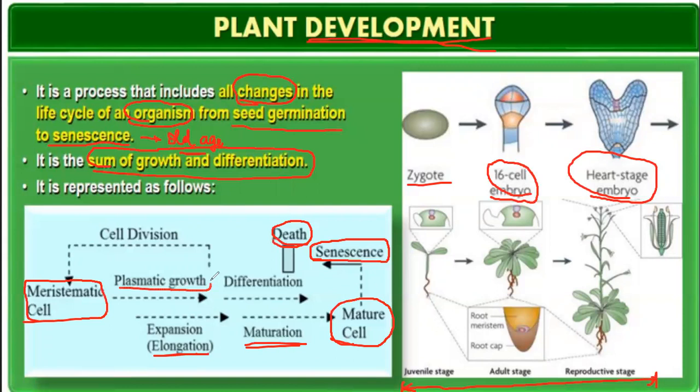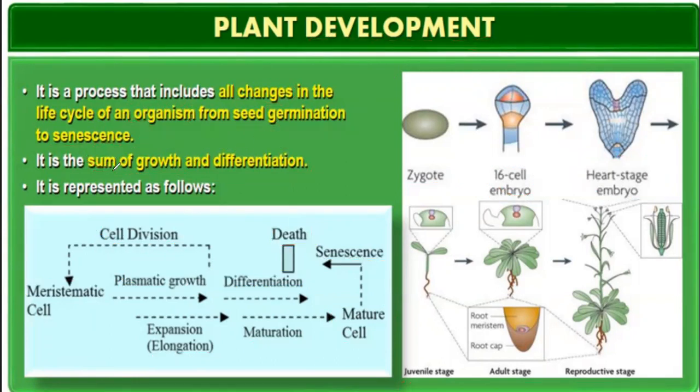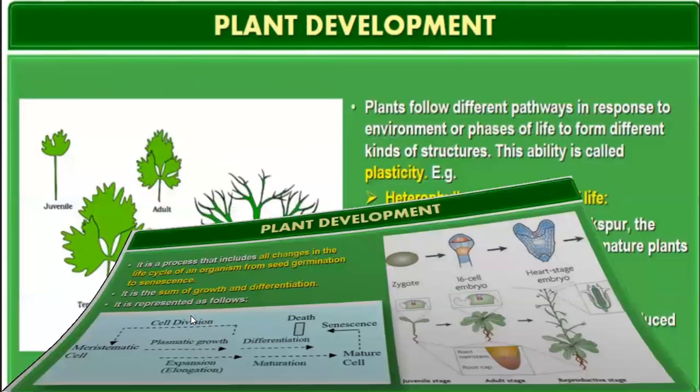Or plasmatic growth and differentiation can also contribute towards senescence, and this plasmatic growth or elongation, again by cell division, gets converted into meristematic tissue. All these are not important, but study that the sum of growth and differentiation is referred to as development.